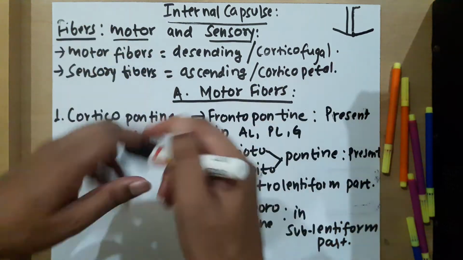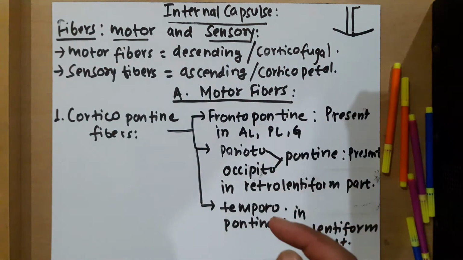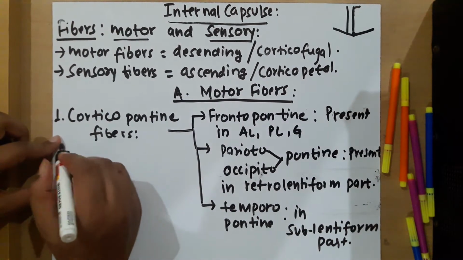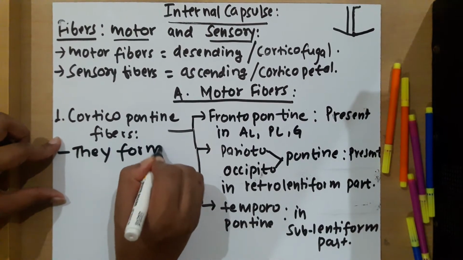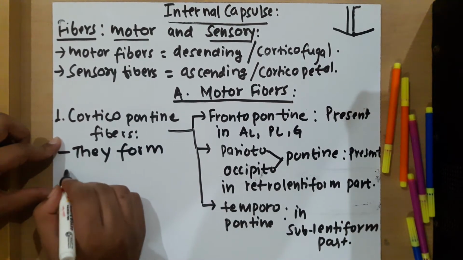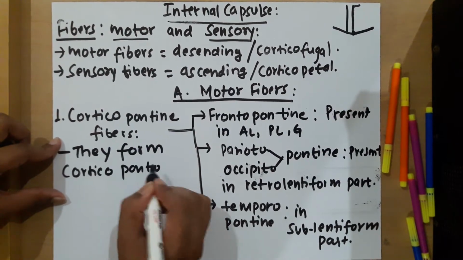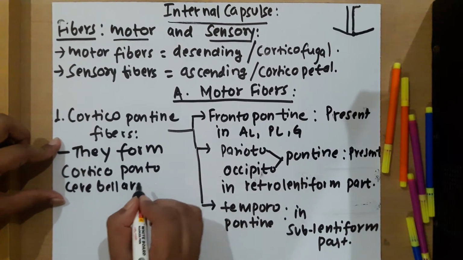Remember this much. We'll discuss these pyramids while discussing the midbrain. For now, we can write that they form the corticopontocerebellar pathway.